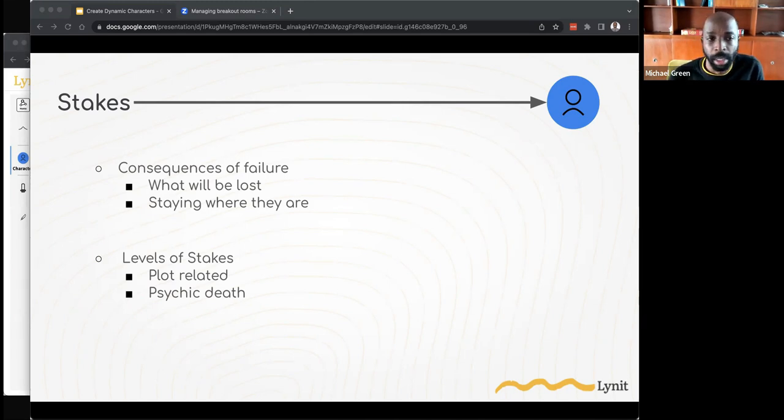So, in this cop drama example, if we wanted to show the consequences of staying where they were, which is, they currently think they're better off alone, they don't trust anyone, they don't want a partner, we would need to see them sad, and maybe depressed with their lonely life, to recognize that that's just not a good place for them to stay.